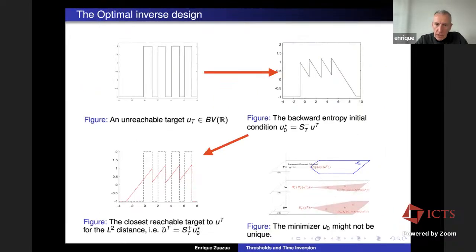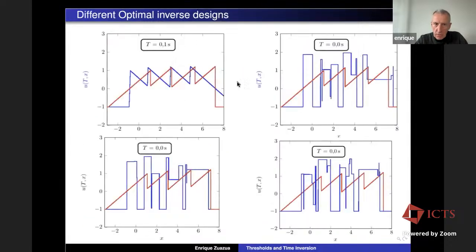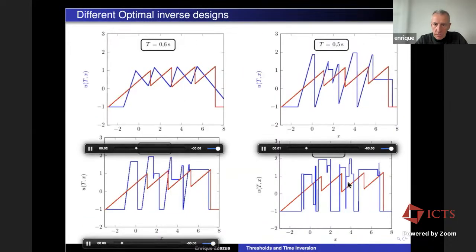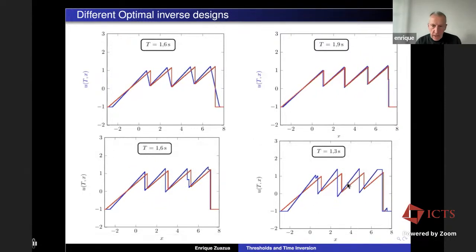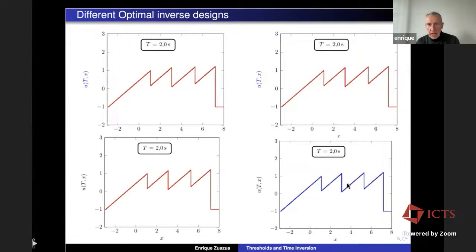So what we have done, now all videos together, is we have understood that there are plenty of initial data for Burgers, with a complexity that is unlimited, and that lead to a reachable target, like the red broken line there.